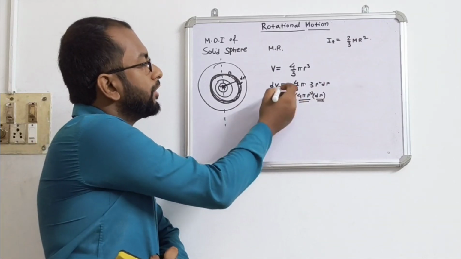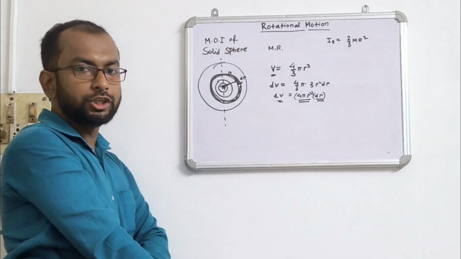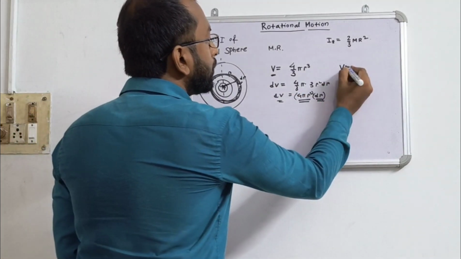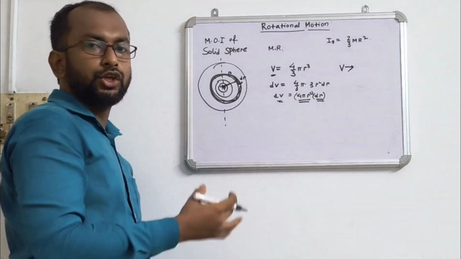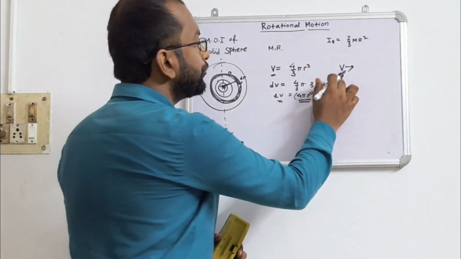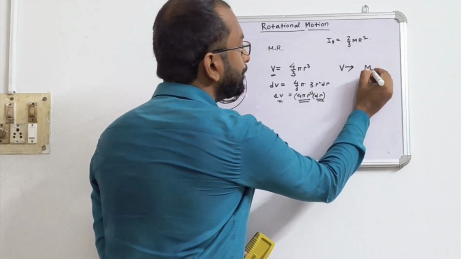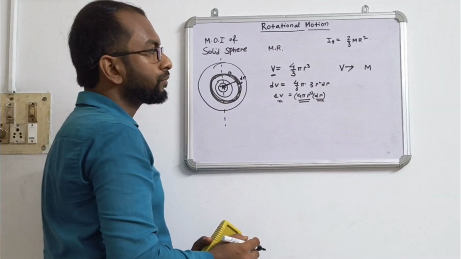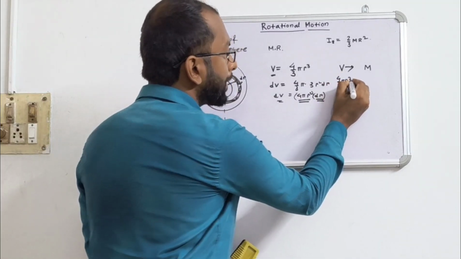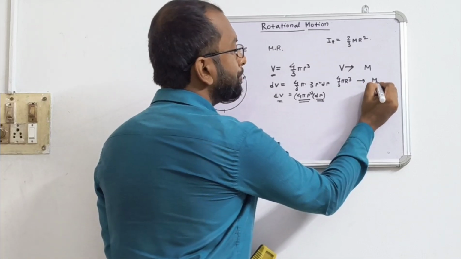So if it is a uniform solid sphere, then we can tell that mass is uniformly distributed throughout the volume. So for volume V, the mass is m. So volume V means 4/3 of pi capital R cube, the mass is m.